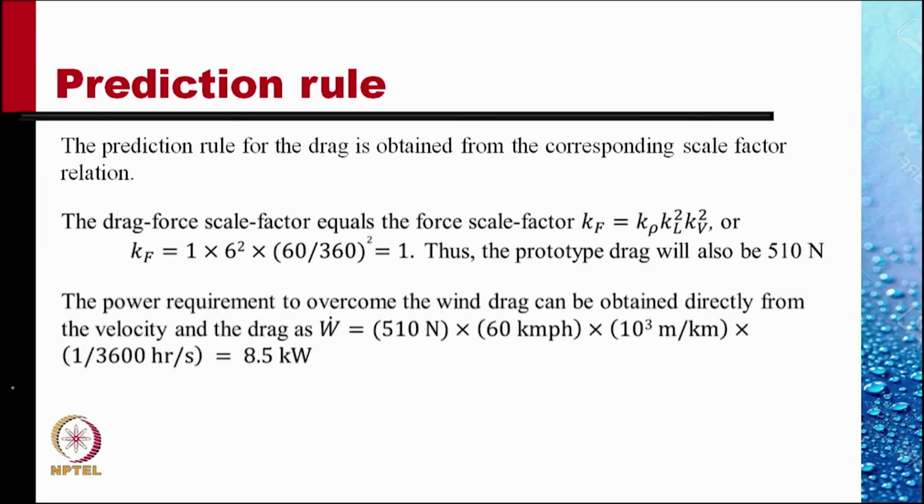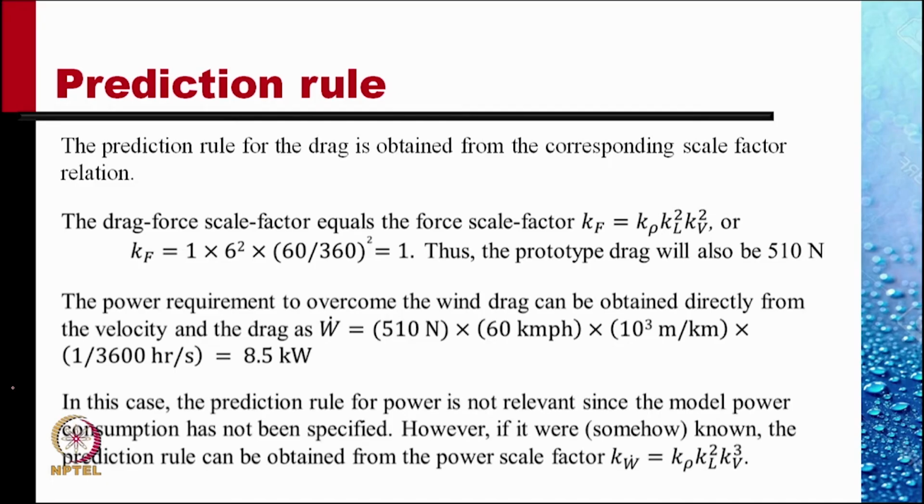The power requirement to overcome the wind drag can be obtained directly from the velocity and drag, as power is the drag 510 Newton into velocity 60 kmph, and converting kmph to meters per second, we get the power requirement as 8.5 kilowatt.